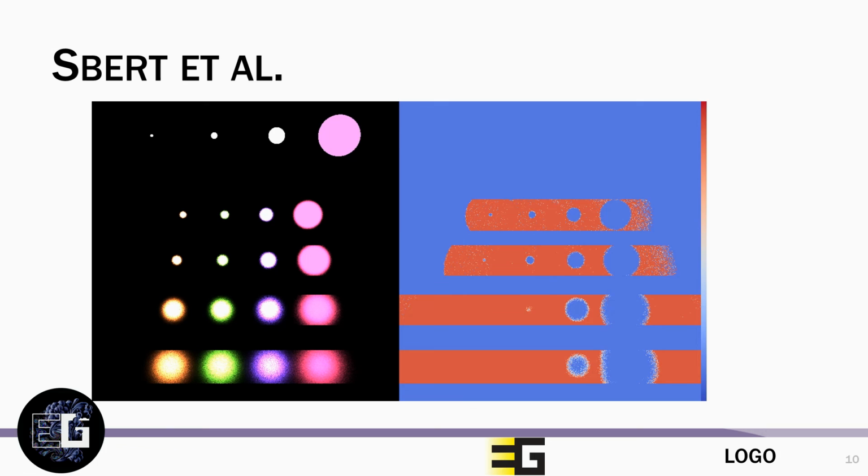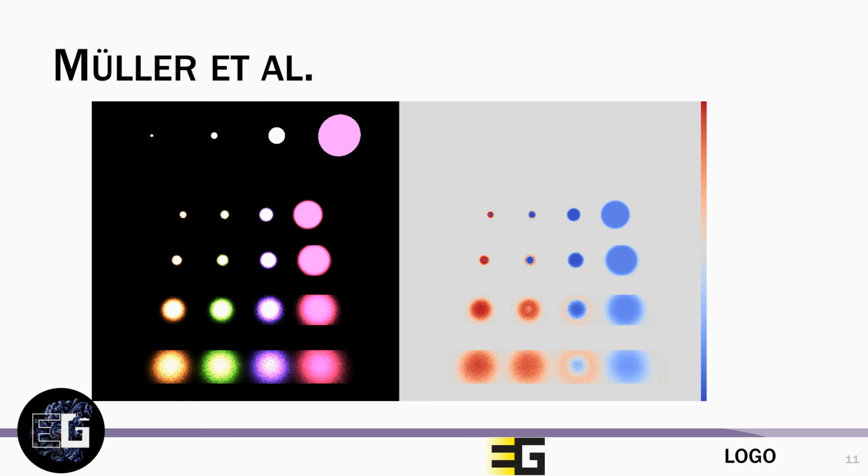Sbert et al. also optimized the variance but with an iterative Newton-Raphson solver. Müller et al. optimized the Kullback-Leibler divergence instead of the variance with the Adam version of gradient search.